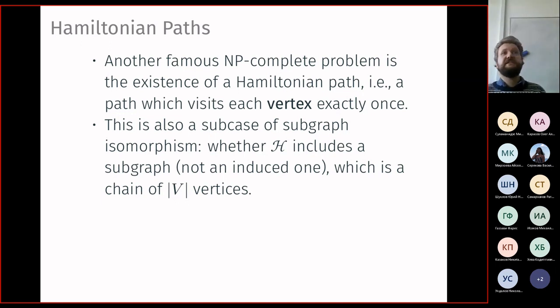The existence of this as a subgraph, which is not going to be induced, should be a spanning one. But this is not a reduction in this direction, this is a reduction in another direction. If we know how to solve this hard problem, subgraph isomorphism, we can solve Hamiltonian path. But Hamiltonian path on its own is also NP-hard.